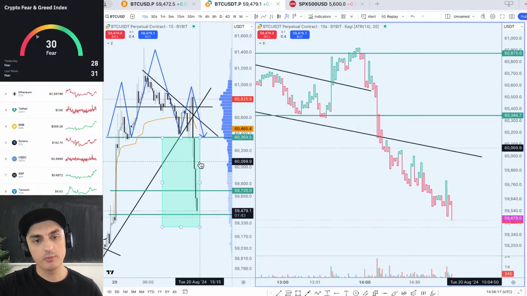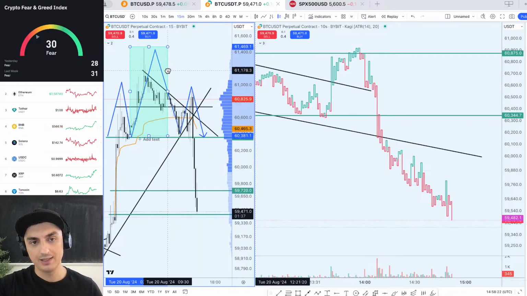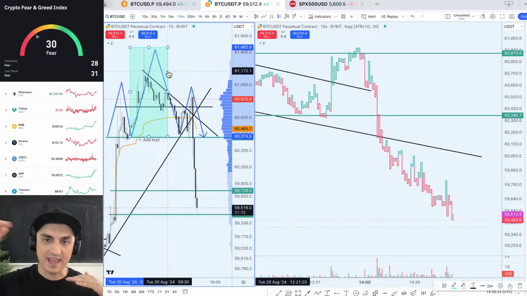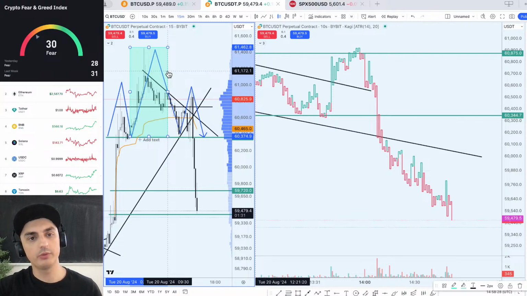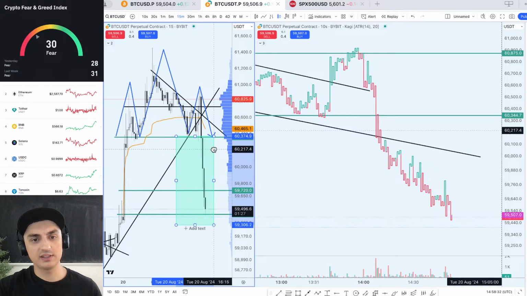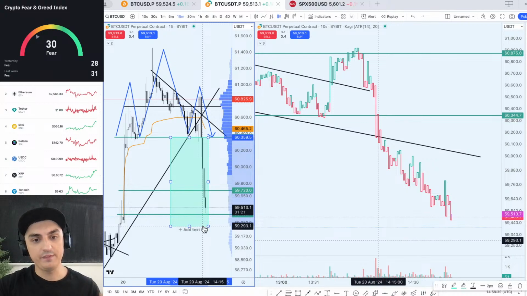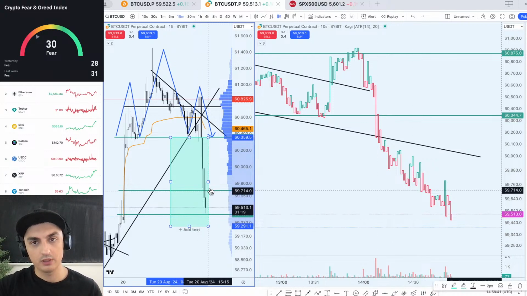Once again, I want to remind you that this magenta block was created by measuring the length of the head from this head and shoulders pattern, and placing it into the neckline to get a projection of the target. And the target is 59,300.